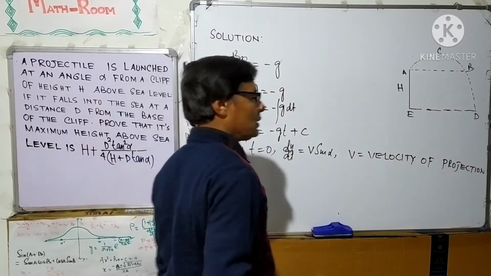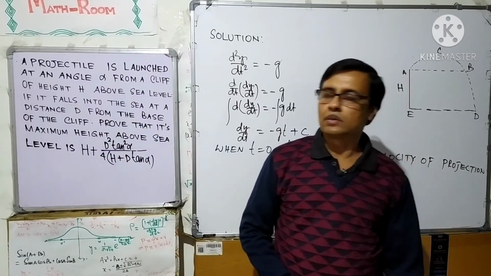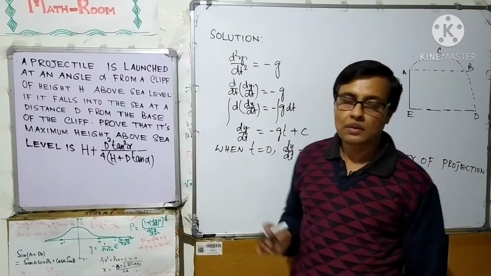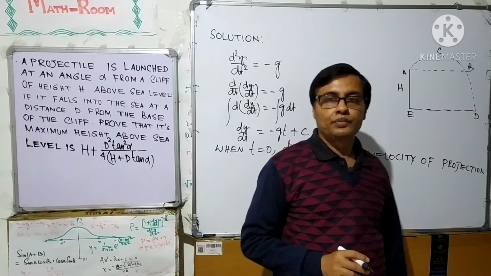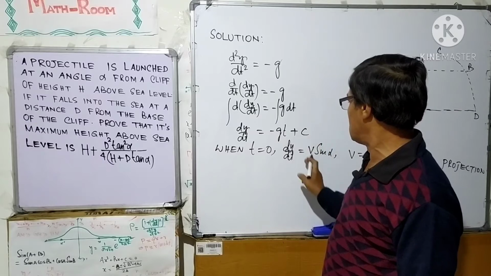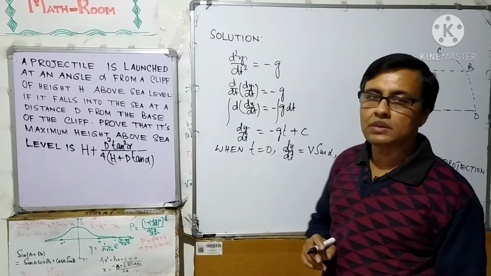This is the vertical component of the velocity of projection, that is v sin alpha.